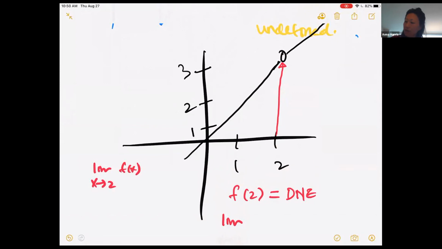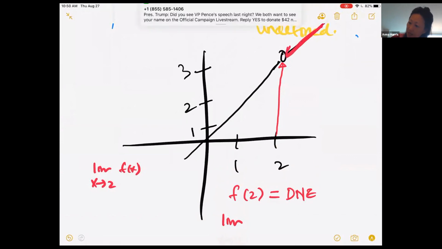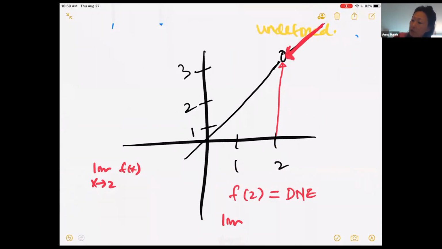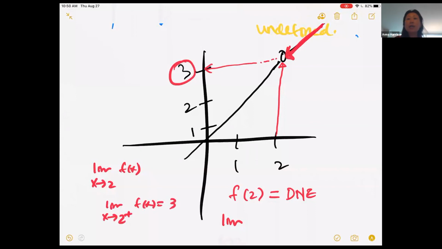So I'm going to look at this graph from the right-hand side. Where does the y value approach to? 3. So the limit as x approaches from the right-hand side gives me 3.